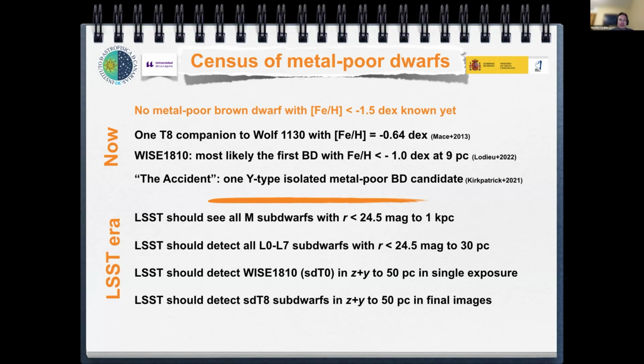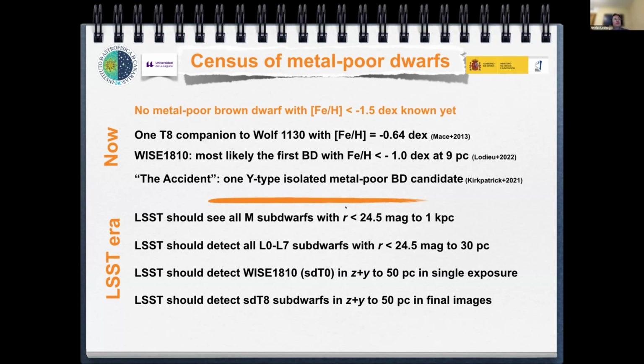This was published by Davy Kirkpatrick and collaborators. And there is a James Webb proposal, which many of you know, to characterize this object further. We plan to complement that with optical imaging that we were granted with both GTC and the VLT.